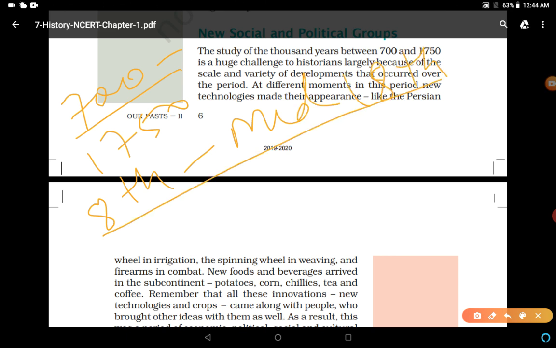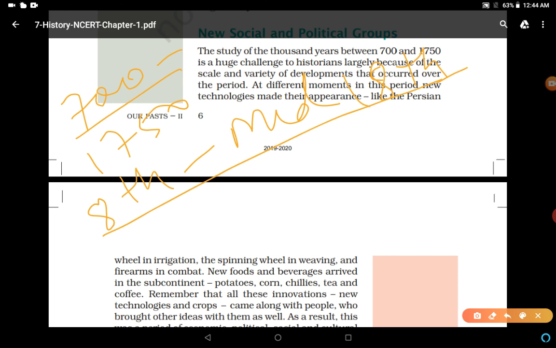During this period, we will study the new changes, especially new technologies and innovations, right? Movement of people from one place to another, extension of agricultural land, forests were cleared. So first we will study technologies and innovations or inventions or new discoveries.